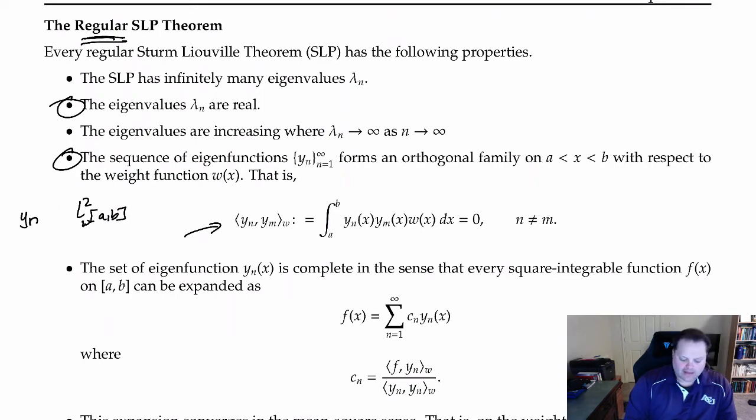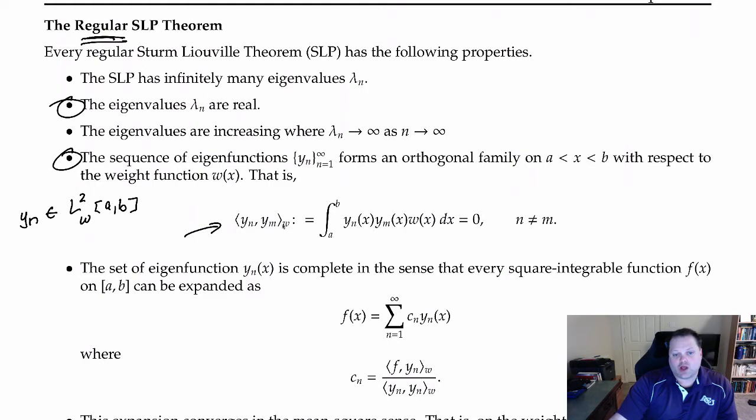So yn are functions of this. Let me write that a little bit clearer. So this is the weighted L2 space on the interval from A to B. So yn, the eigenfunction, is assumed to be a member of that, as are any functions you would put in your initial conditions. What orthogonality means on a weighted space is that the inner product with respect to the weight is 0. And all you do is our normal L2 inner product.